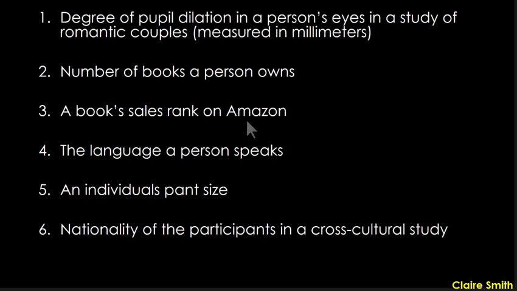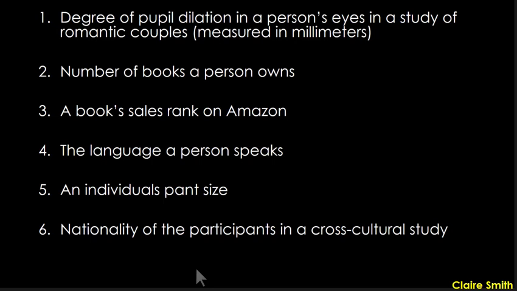You're ranking the best to worst. Language a person speaks would be categorical. Pant size would be quantitative and would be interval because 0 doesn't mean 0, right? If you have the size 0 waist, you still have a size, right? It just happens to be the number 0. And then nationality would be categorical.